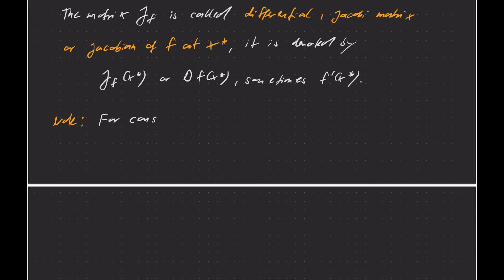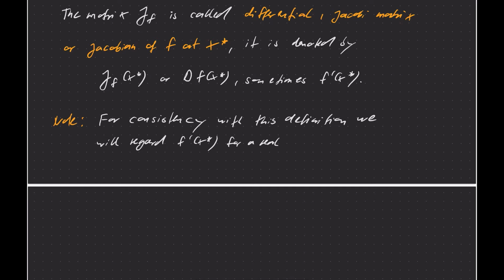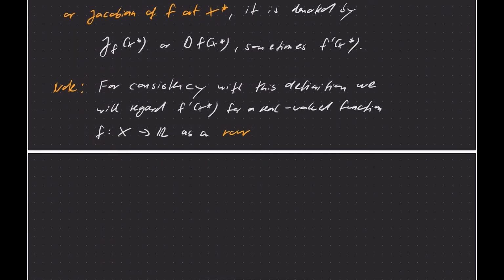So for consistency with this definition, we will regard the differential f prime of x star for a real valued function f from X to R as a row vector, or in other words, a 1 times n matrix.